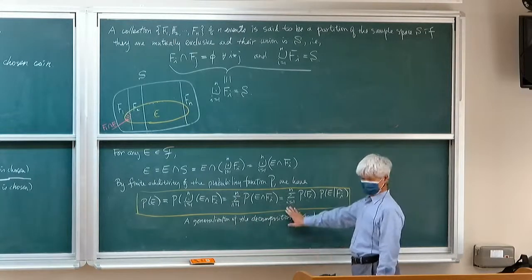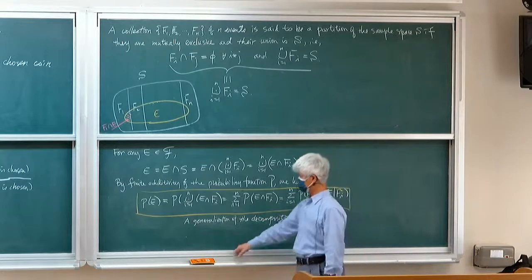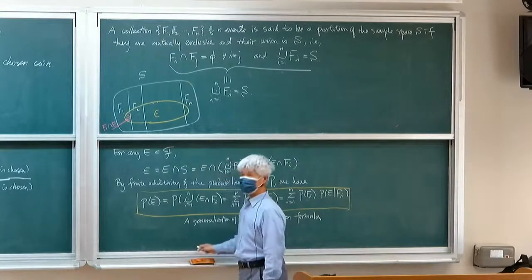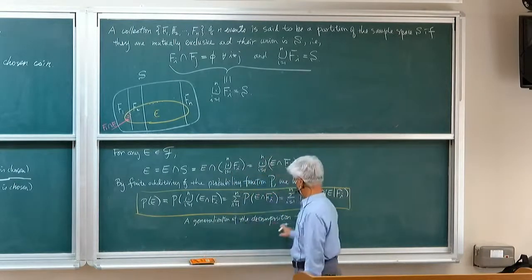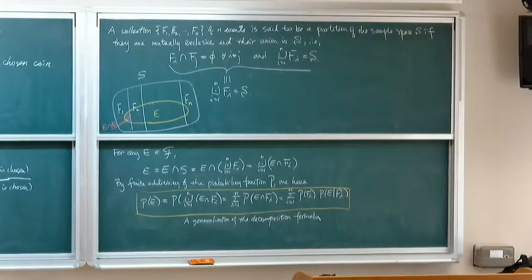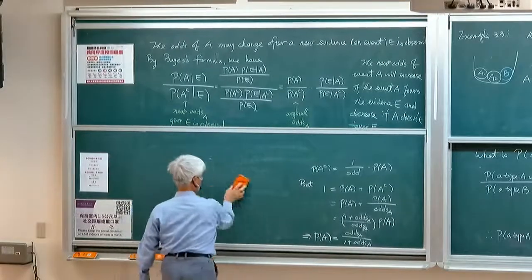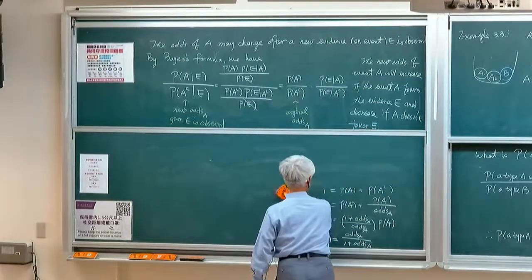Okay, so it's a straightforward formula from the original simple decomposition formula. And so with such a generalization, we have a general Bayes formula.